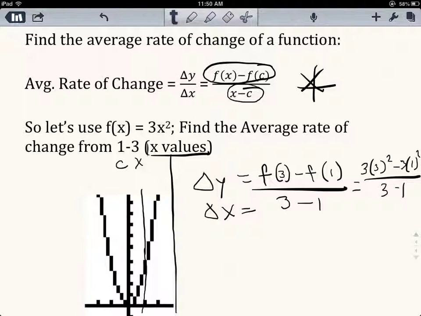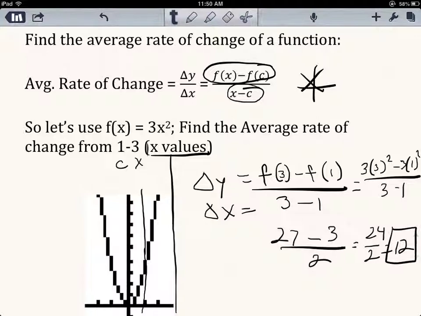So I end up with 3 times 9 is 27 minus 3 over 2. So that equals 24 over 2, which equals 12. So our average rate of change is 12. And if it had units, you would consider the units. But sort of our speed, our average rate of change between x values 1 and 3, is 12.